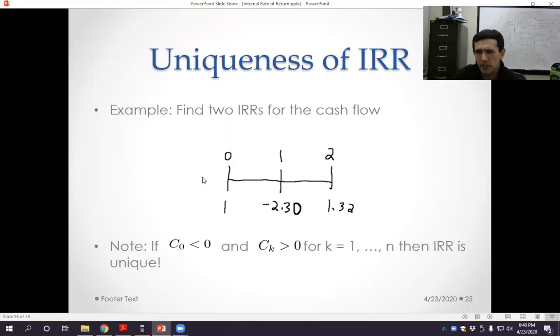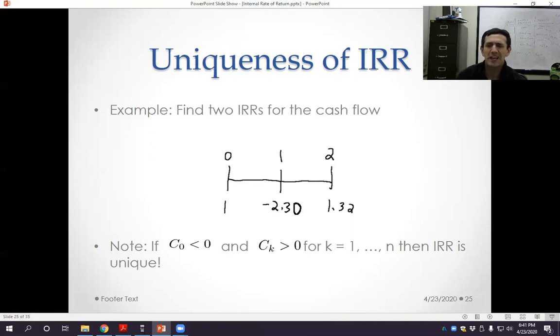If you're in that situation, the internal rate of return is unique, and we've actually been implicitly doing this. We've been implicitly finding loan interest rates, assuming they are unique. It'd be kind of bizarre if it wasn't for basic loans.